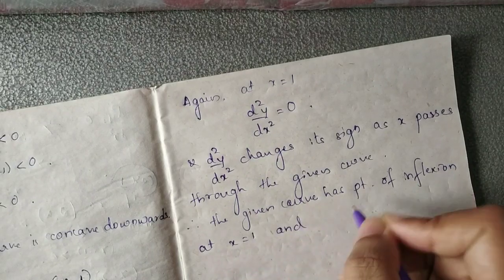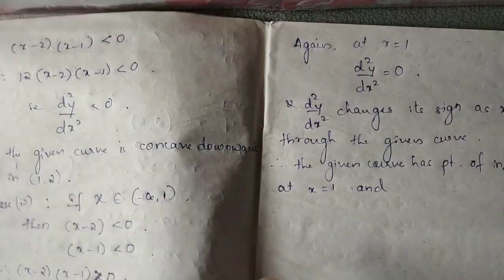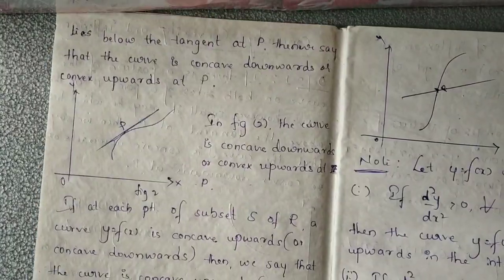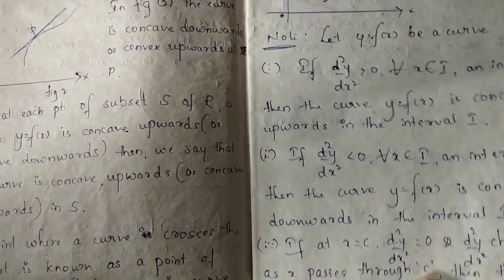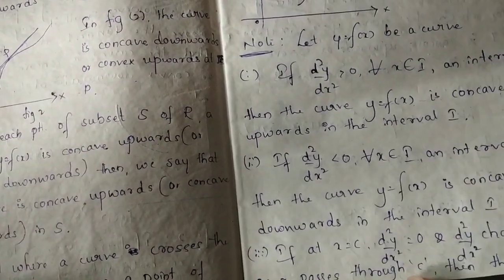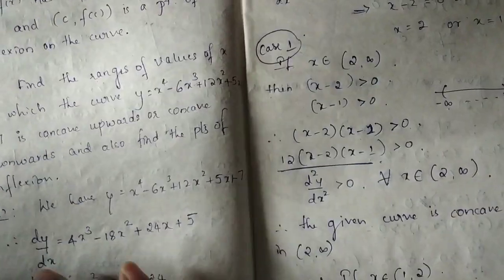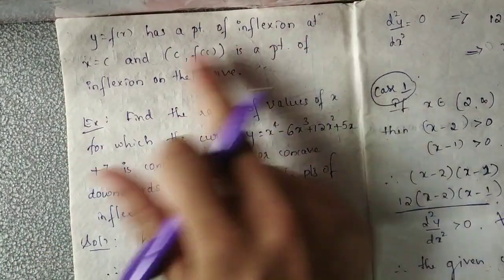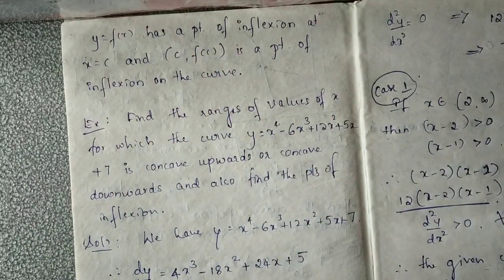According to note 3, if at x equal to c, d square y by dx square equal to 0 and d square y by dx square changes its sign when x passes through the given point c, here we got the point c as 1, then the curve y equal to f of x has a point of inflection at x equal to c, and c comma f of c is a point of inflection on the curve.